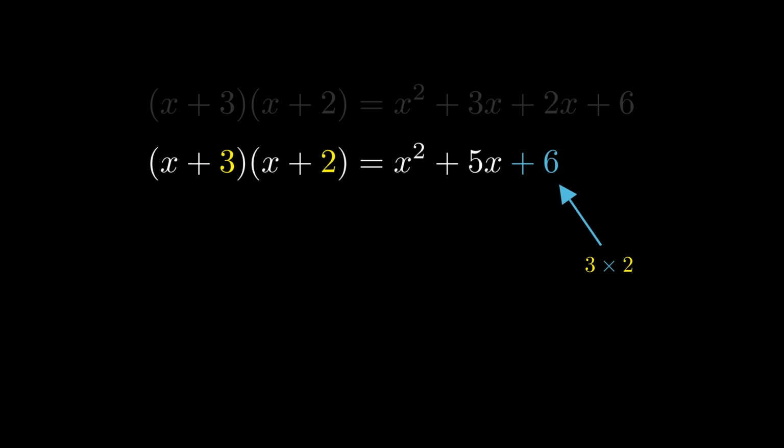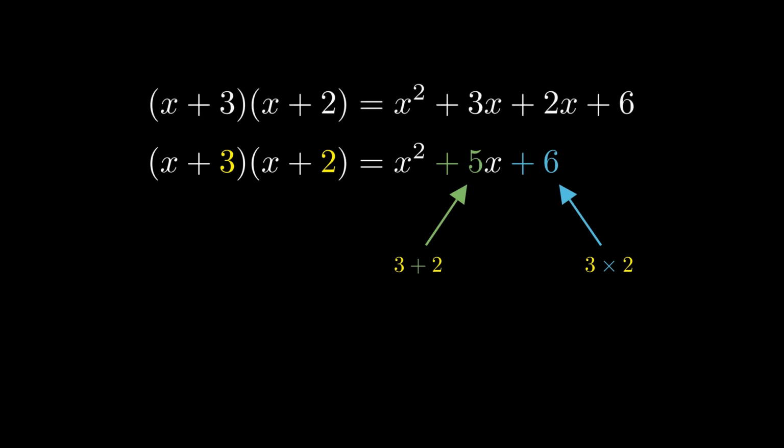So in this case, 3 times 2 was the 6. On the other hand, when you add these two numbers, what you arrive at is that middle number there, that 5. Okay, and it's clear that this is always the case for these monic quadratics. If you look back at the first expansion, we see that it was indeed the 3x and 2x that added to give a total of 5x.